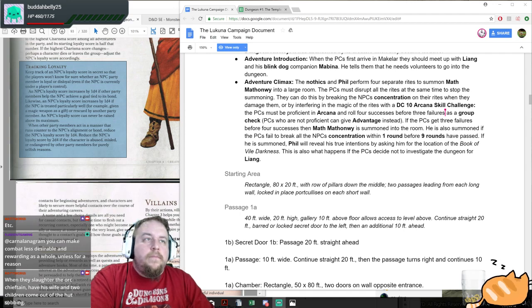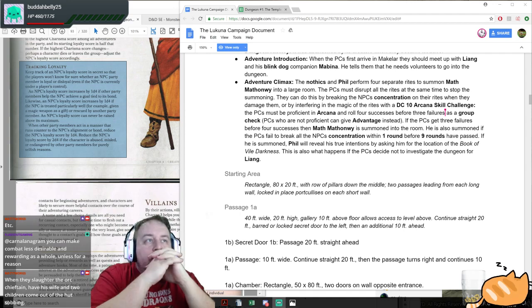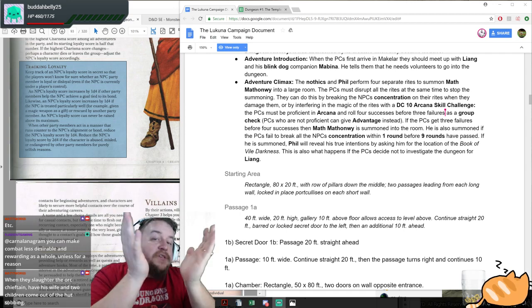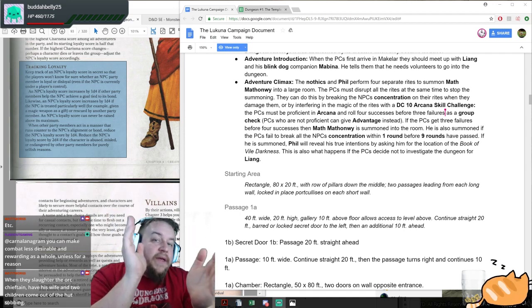And I also put a note that this should also happen if the players decide not to investigate the dungeon and they do something else. He will have succeeded, and the players will not have learned anything. So you can get a neutral result. It doesn't have to be just that binary good, evil, black, white, win, lose.